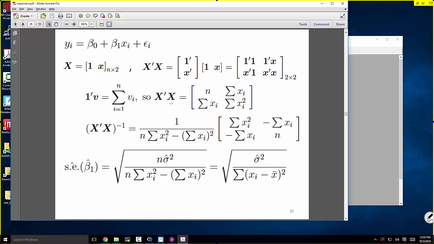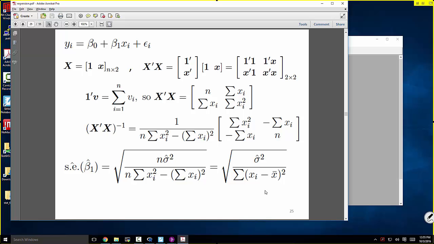So the standard error or standard deviation, same thing, of beta 1 hat would be the square root of n times this constant out front, also times sigma squared hat, because the variance-covariance matrix is sigma squared times x transpose x inverse. When you simplify, you get this expression, and that's what you would see in a Stats 101 textbook.